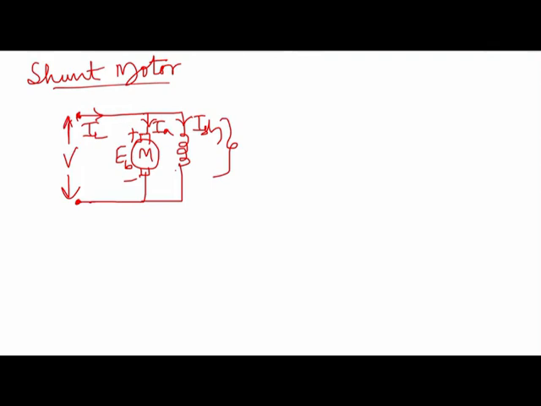Once we design the machine, the field winding resistance RSH also remains constant, and we know the relation V is equal to ISH into RSH, or ISH is equal to V by RSH.